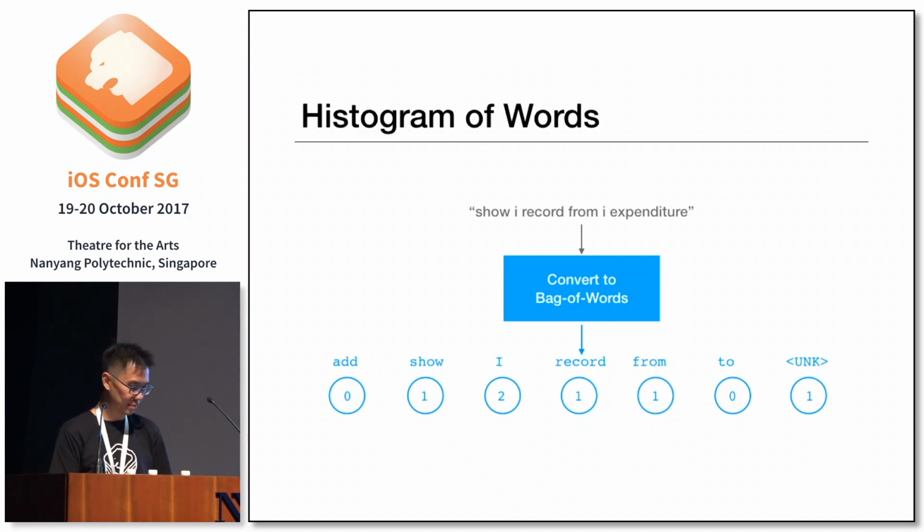Because the number of elements is huge, the resulting vector is usually very high dimensional. But in our app case, because we're doing this experimentation, we kept the dictionary small, and we only capture those words that we have seen in the training data. Those we don't see, we put into a big basket of unknown words.